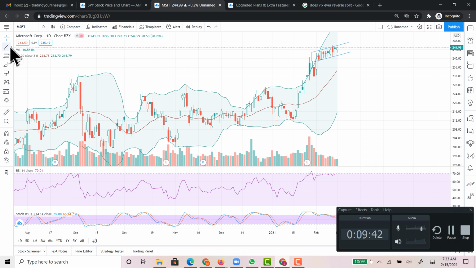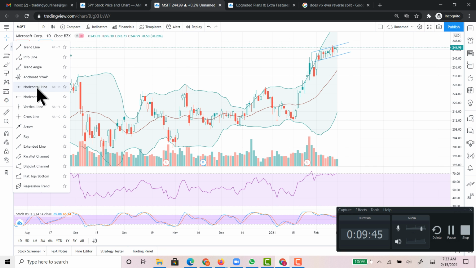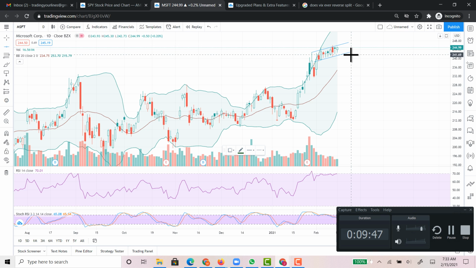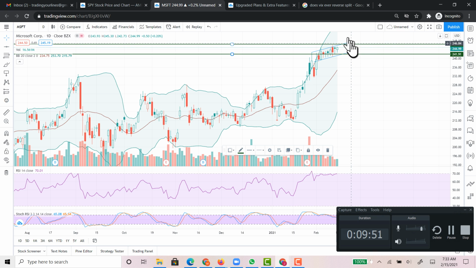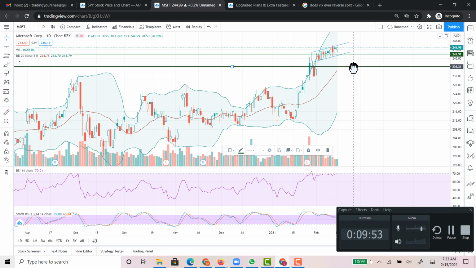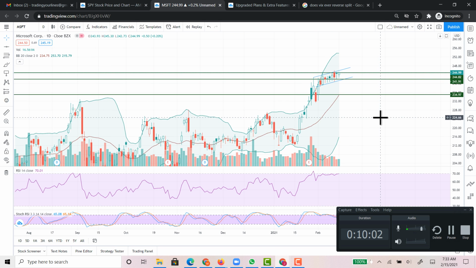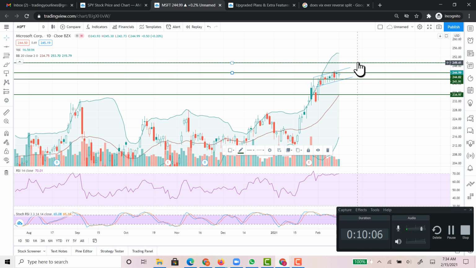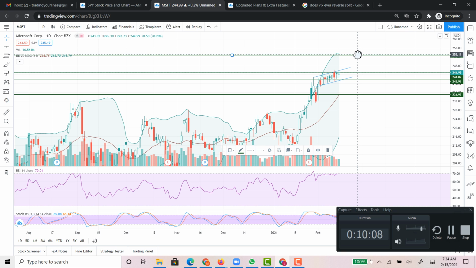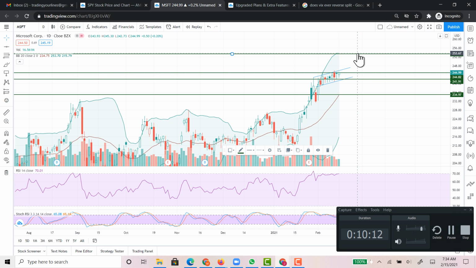So let me put the lines for you. Going over this point, we have huge upside potential, trying to go to the top of the Bollinger Band and test around the 250, 350 area.